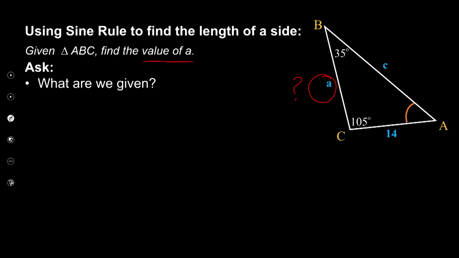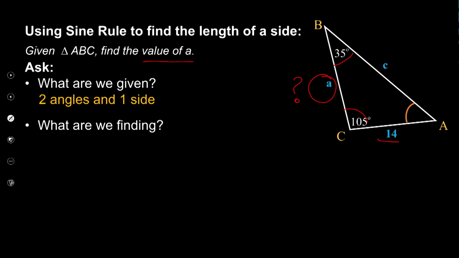Now instead of C, we need to find A. So what are we given? Again, we've still been given two angles and one side. What are we finding? We're finding another side, little a, or in other words, another way we can call this line is BC. So we're finding the length of BC.